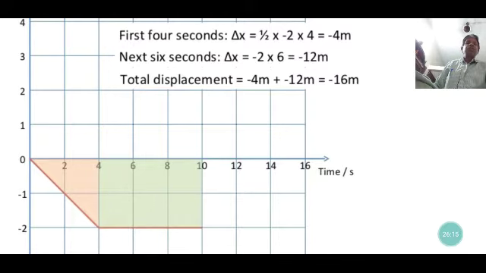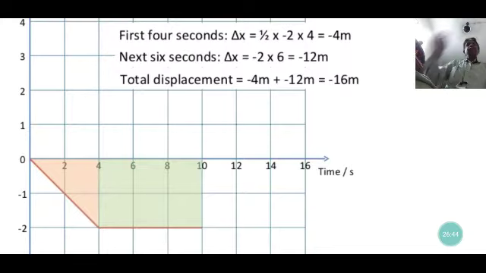The total displacement is equal to -4 minus 12, which is equal to -16, during 0 to 10 seconds. This graph is a very powerful and convenient method to understand how velocity time graphs give more information about an object moving with uniform acceleration.